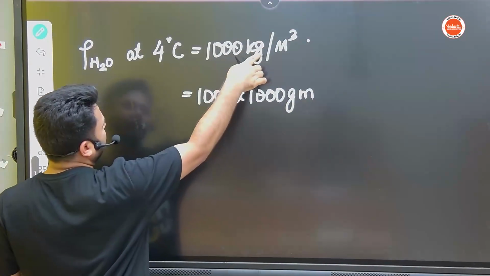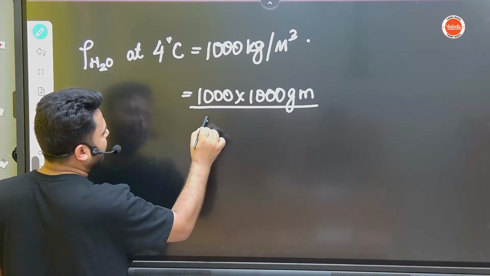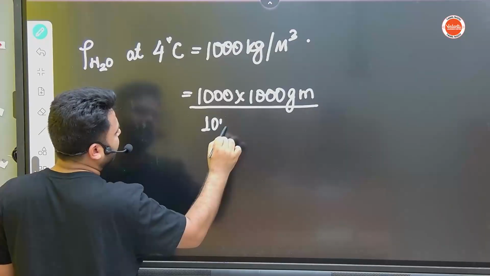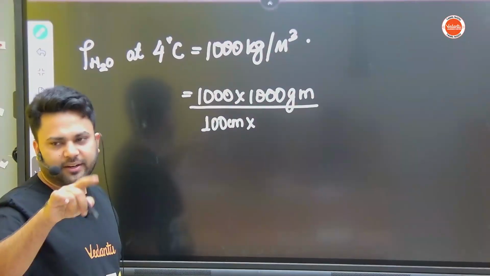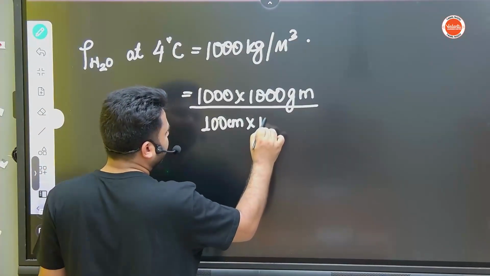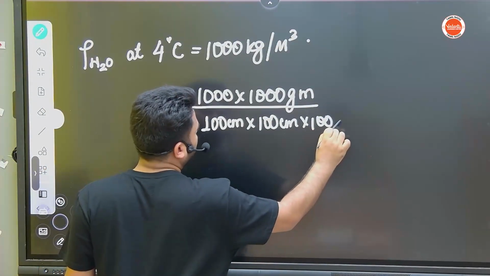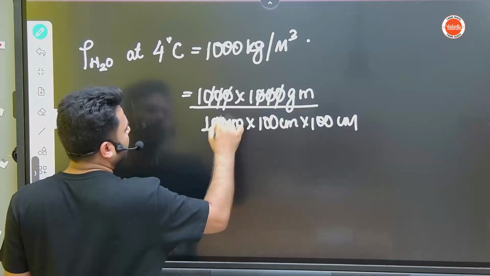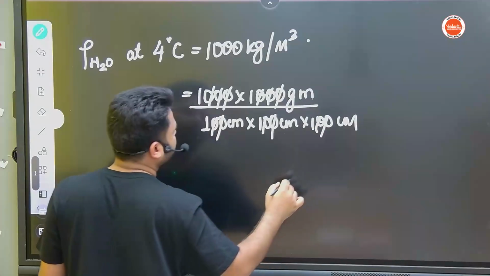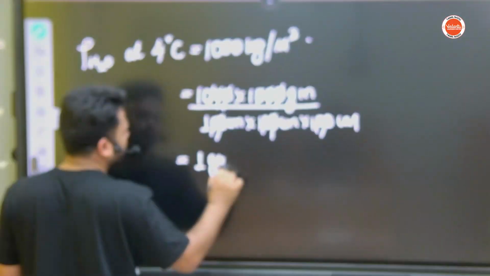see, 1000 into 1 kg we can write, and 1 meter cube we can write. 1 meter is 100 centimeter. Again, 1 meter cube means 1 meter into 1 meter into 1 meter, so 100 centimeter into 100 centimeter into 100 centimeter. See, 1, 2, 3, 4, 5, 6 zeros on each side, so it is coming 1 gram per centimeter cube.